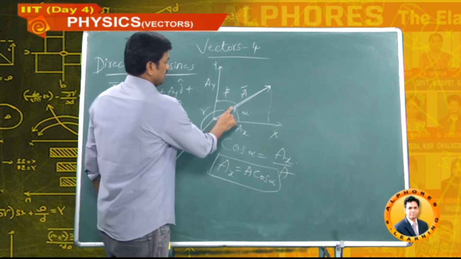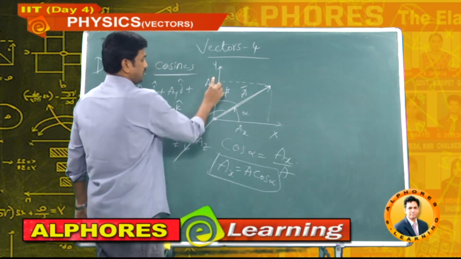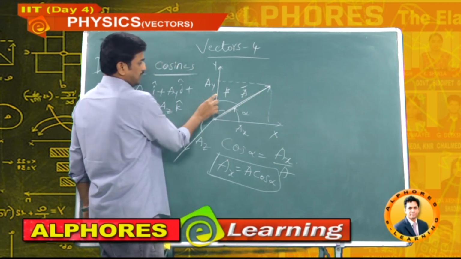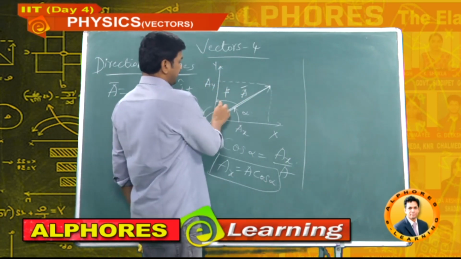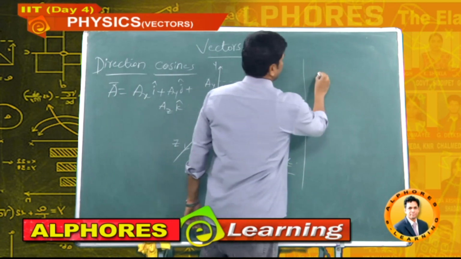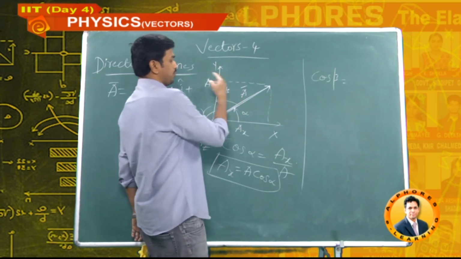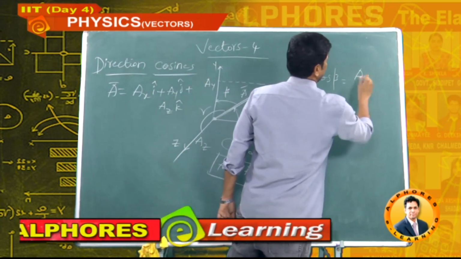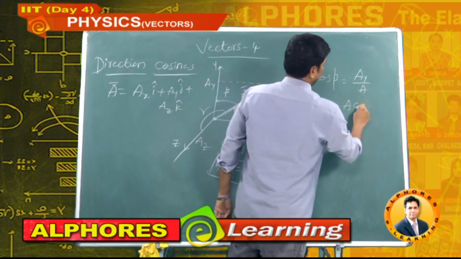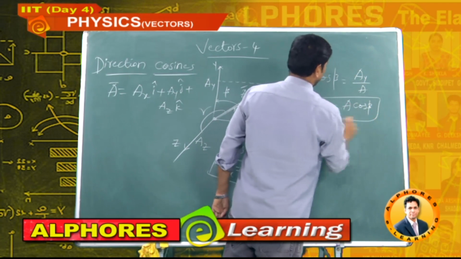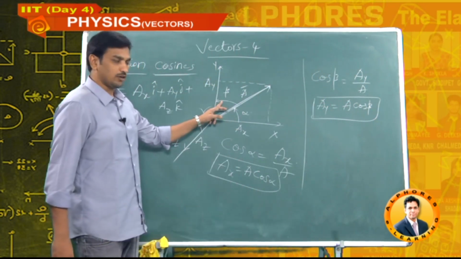Similarly, here the same thing, a right angle triangle again, this triangle. Cos beta is equal to adjacent side by hypotenuse, which is ay by a. Now ay is equal to a cos beta. So the x component is a cos alpha, the y component is a cos beta.